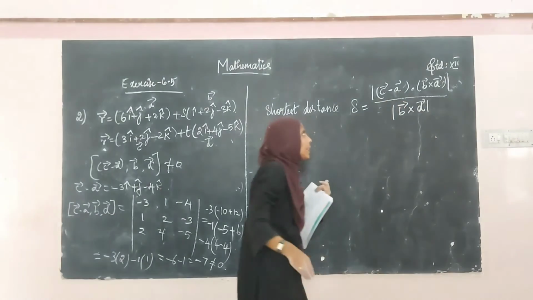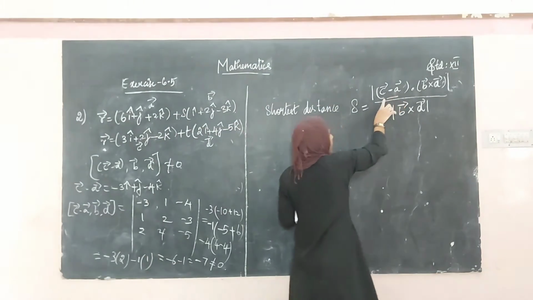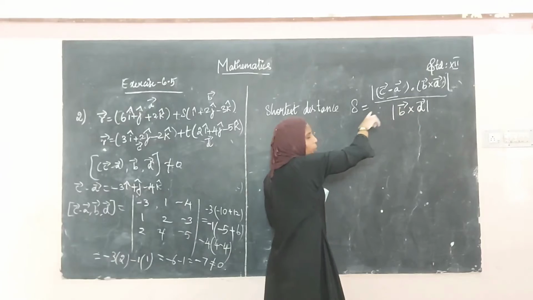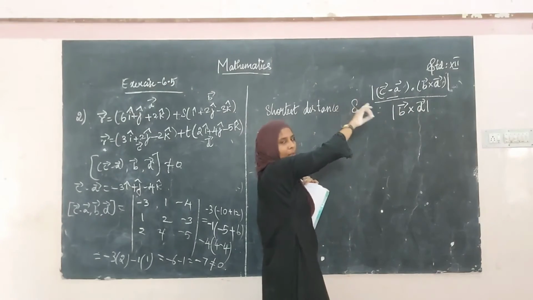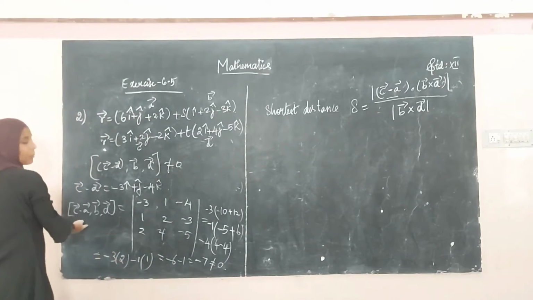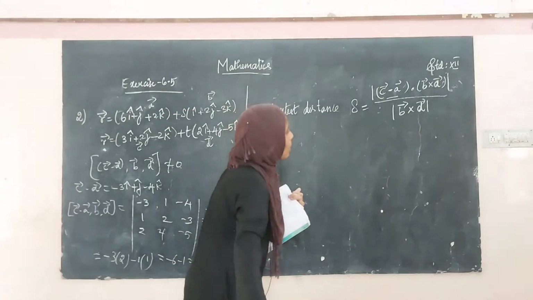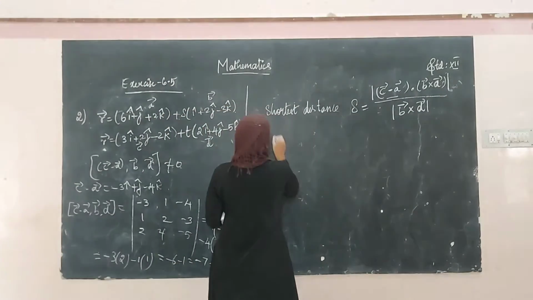Actually, take the numerator as a single vector. If you take this as a single vector, this will be in the format of the box product of c vector minus a vector, comma b vector, comma d vector. So we have found this box product. Now we just want to find b vector cross d vector, right?